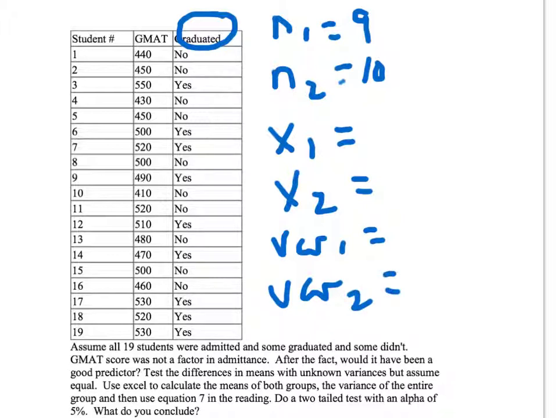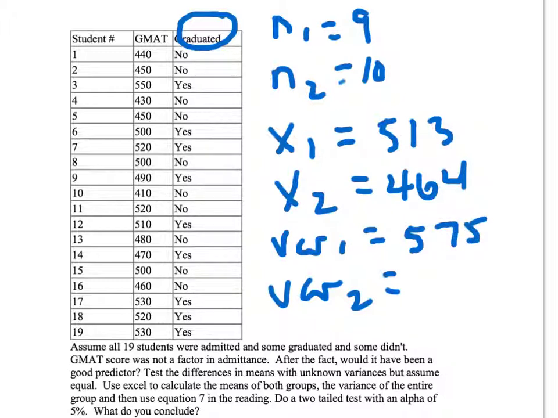I got 513 for the mean GMAT score for those who graduated, 464 for those who didn't graduate. The variance in GMAT for the graduates was 575, and it was 1227 for those who did not graduate.